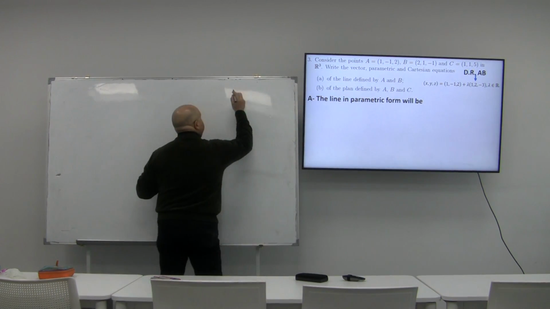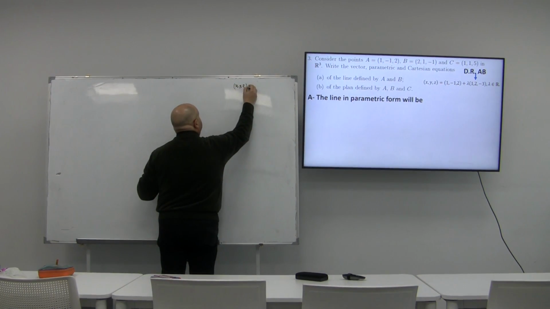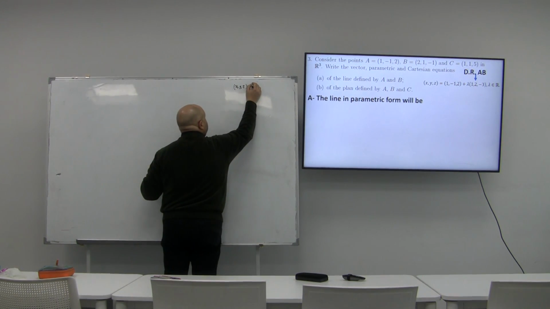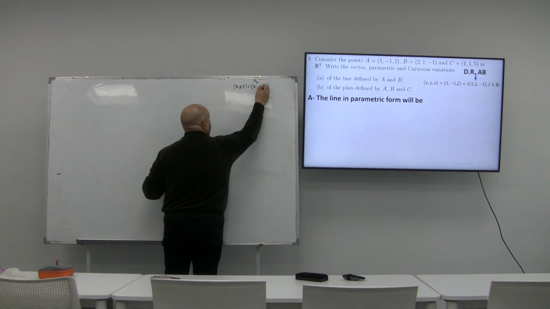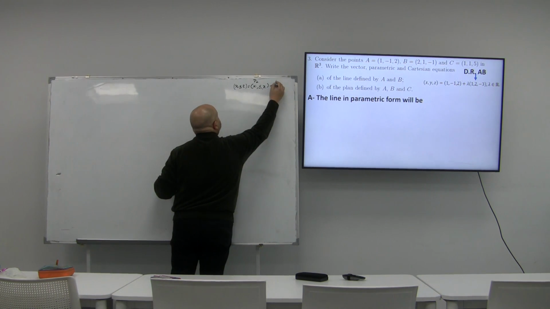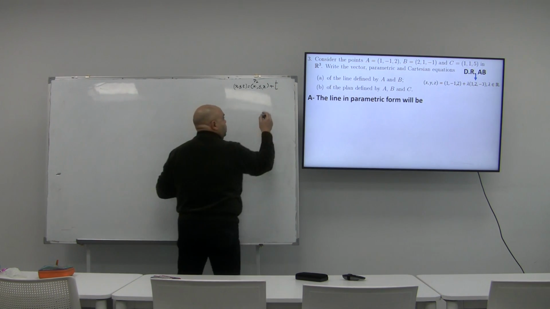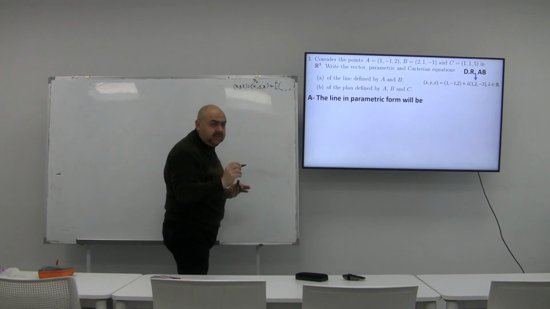Let me summarize this for you. If I want to get a line in X, Y, and Z in parametric, I will put the point first, let's say it's X1, Y1, and Z1, plus a certain constant, which is T, times a direction ratio in the direction of this straight line.